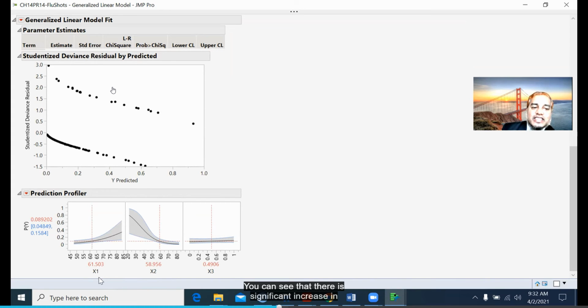So there is a significant increase in the probability that someone gets a flu shot, because as age is increasing, you can notice very clearly, and because we know there is a significant relationship, we can say there is a significant positive increase that someone gets a flu shot.